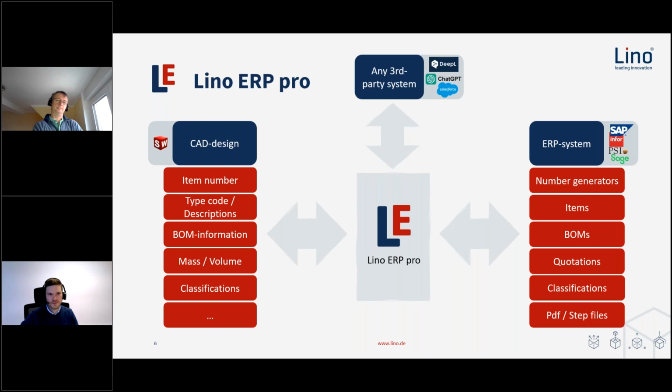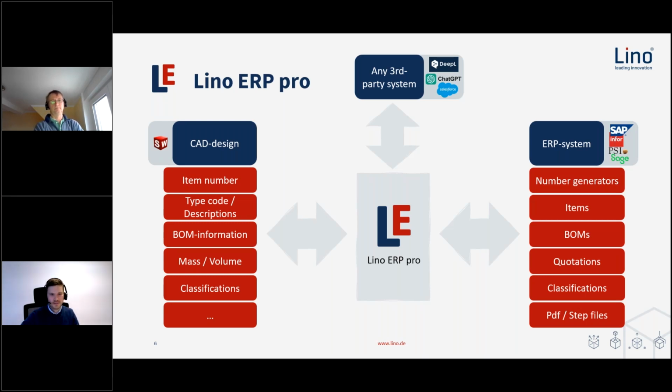For example, you can use the BOM information from your CAD assembly to create a complete BOM in the ERP system. Or you can create items in the ERP system and use the type code, the description, the material, or the mass properties from the CAD model.